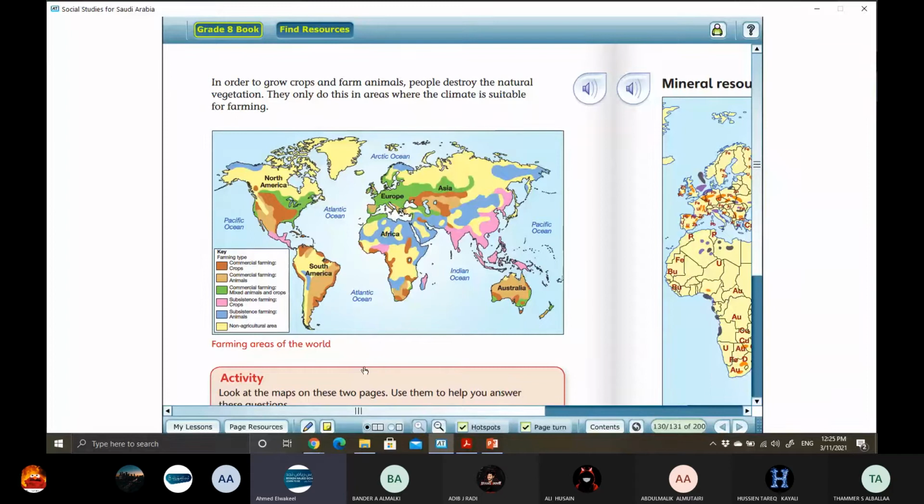But if you are using the old method, which is subsistence farming by hand, it will take you many months to be done. So commercial farming is far better than the old type of farming because it saves you time, it saves you money, and it's very fast and rapid. You can plant your farm more than once in just one year.